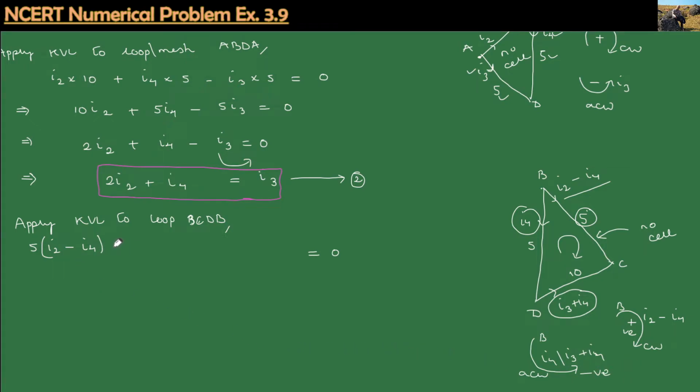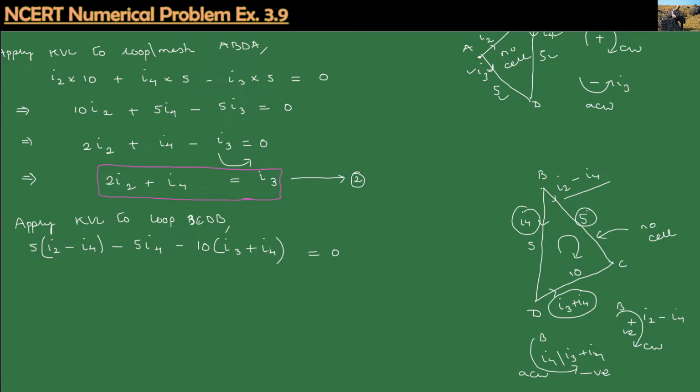So minus 5 into I4, and over here also minus: the resistor is 10 and the current is I3 plus I4.